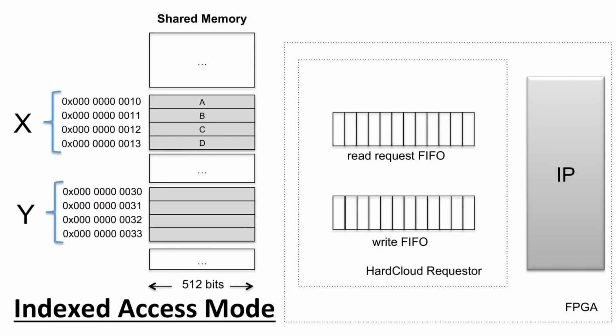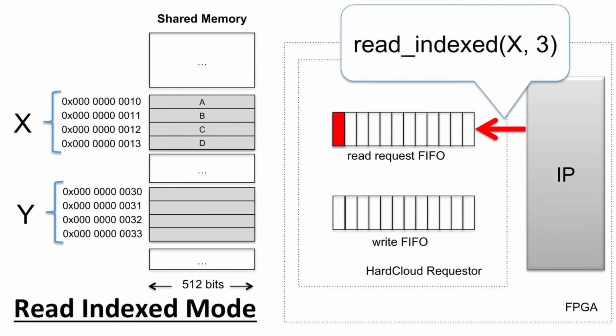Now let's explain the index mode with another example. The variable sizes in the shared memory were updated. X and Y now have the same size of 4 cache lines. First, we are going to request 3 cache lines from buffer X with offsets 3, 2, and 0.